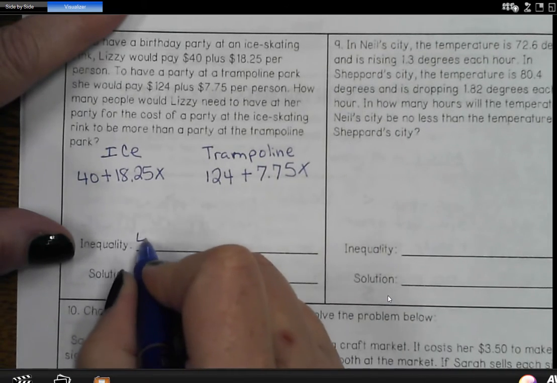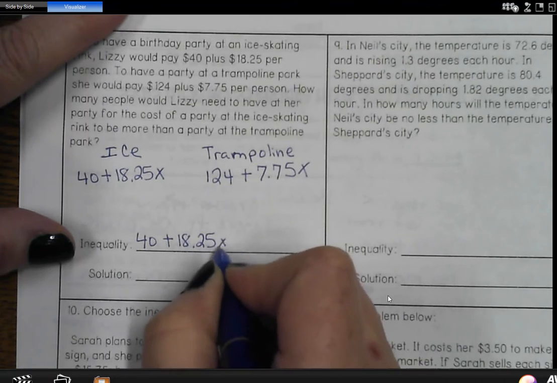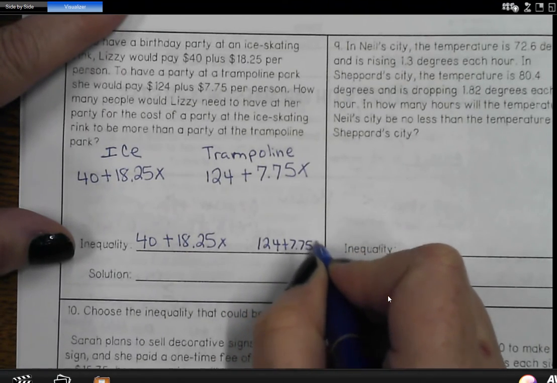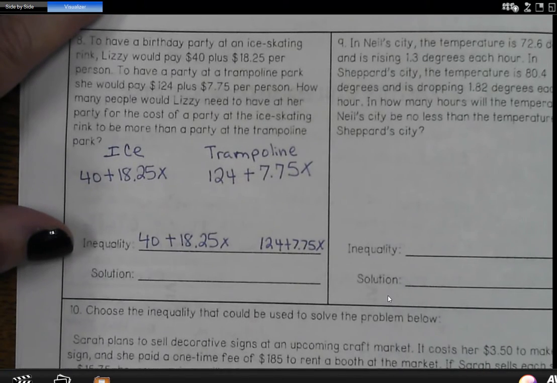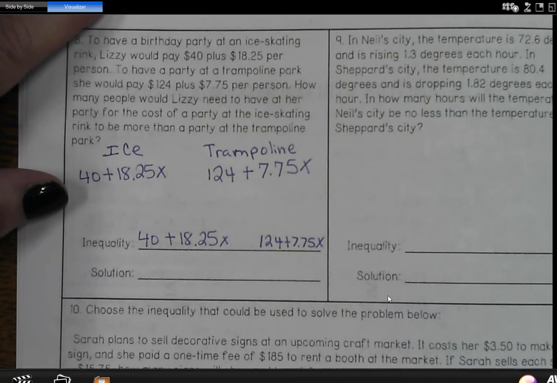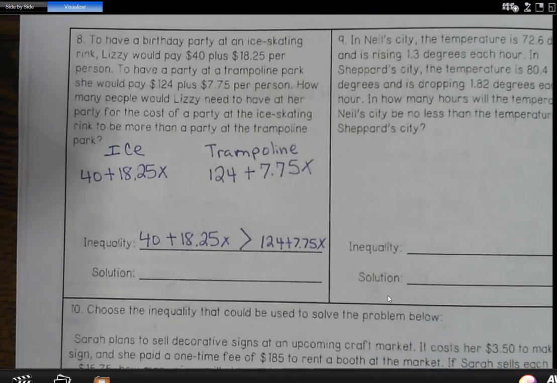So I know my two parts. Now, I want the cost of the party at the ice skating rink to be more than a party at the trampoline park. So what would that be? Greater than. That's it. You don't have to solve it.